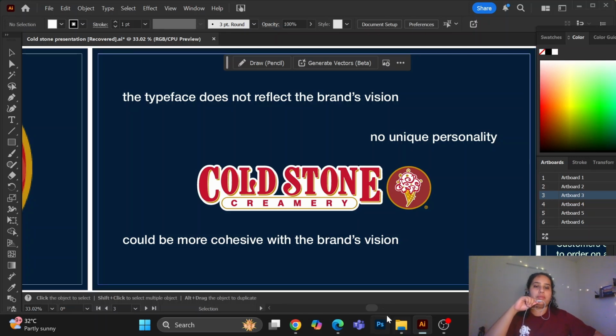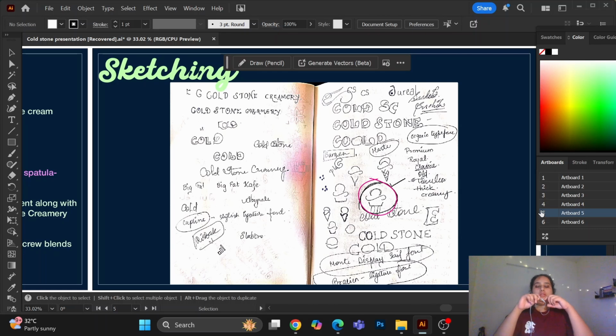How are we going to move ahead? Going on to sketching, you can see I have tried many concepts using different fonts. Then I tried this font, and something clicked when I saw the C and the S. They both are very curvy, and they're giving a splash of ice cream like feeling.